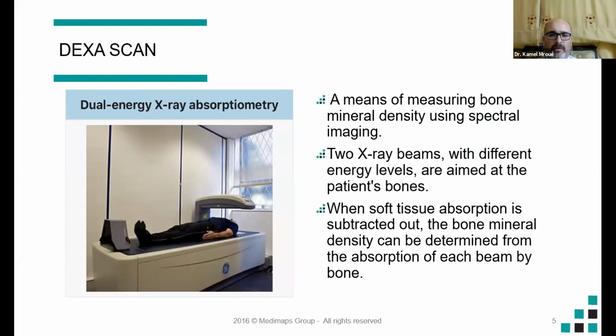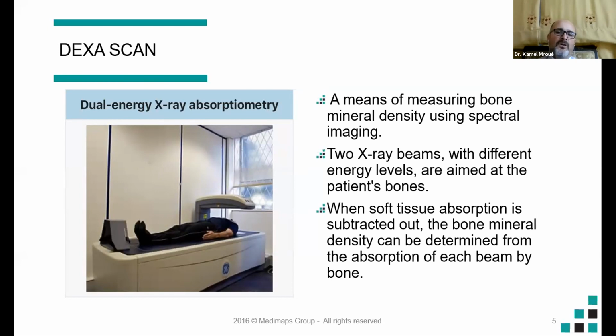How do we measure osteoporosis? We use the Dexa scan machine, which is an abbreviation for the dual energy X-ray absorptiometry, which sends two X-ray beams with different energy levels. These are aimed at the patient's bones. And because these beams have two different energies, they will penetrate our body differently.